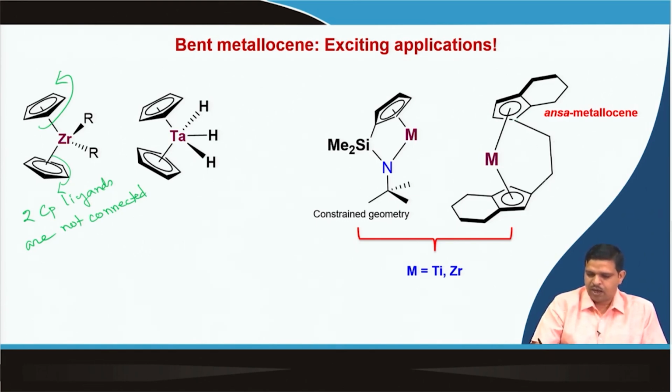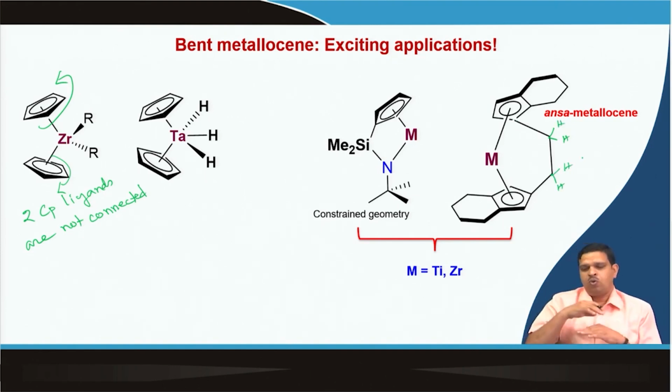These ligands have been threaded by some linkers. Here this is basically the ethane linker. So, what we have done here is that now it cannot rotate. Rotation is restricted.